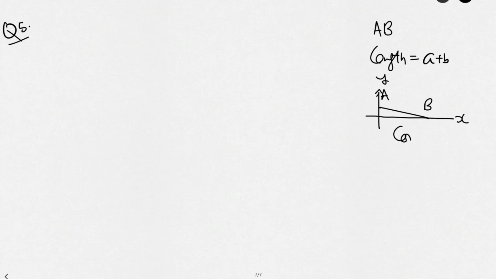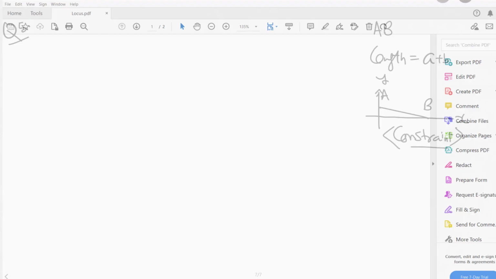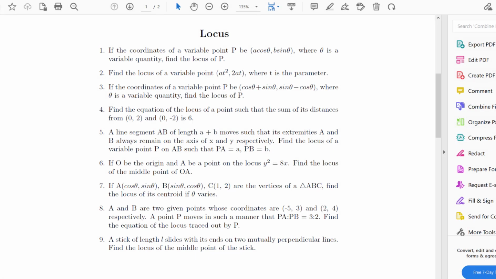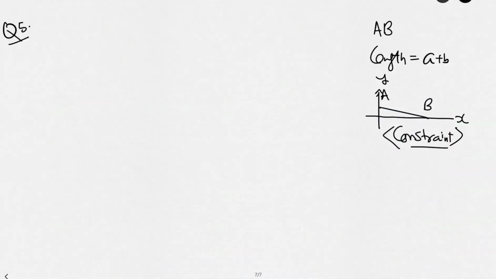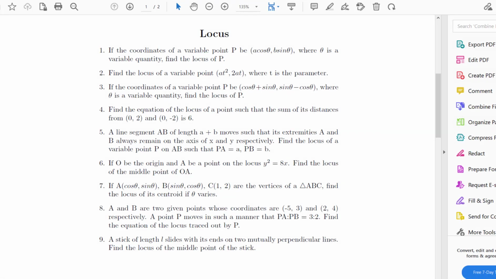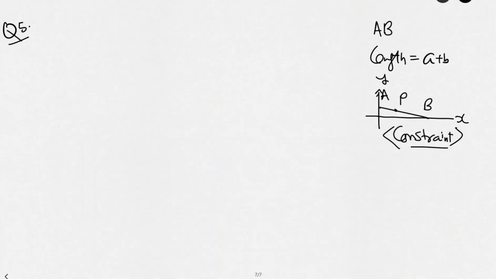This constraint is also given, and there are multiple ways to solve this question. And find the locus of variable point P on AB, this point, such that PA is a and PB is b.